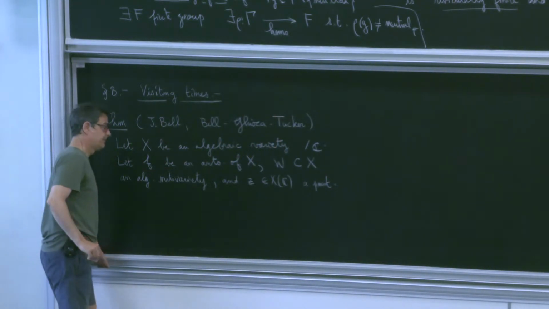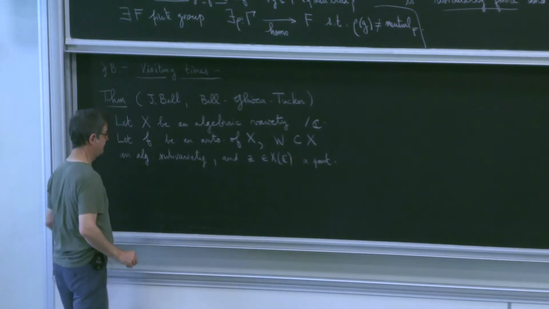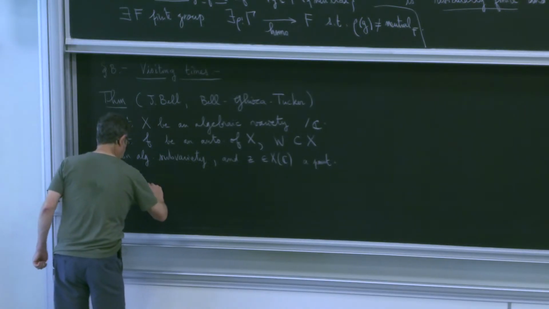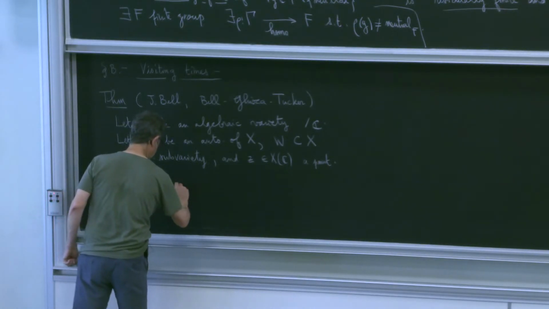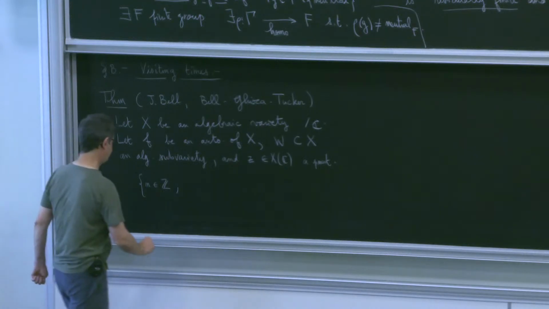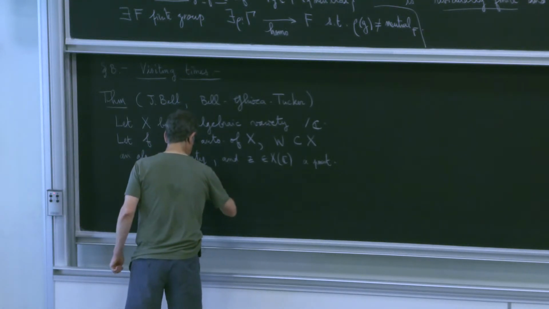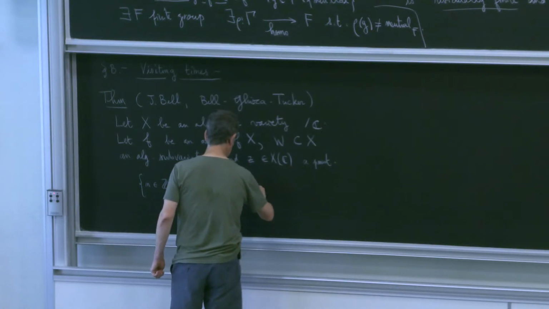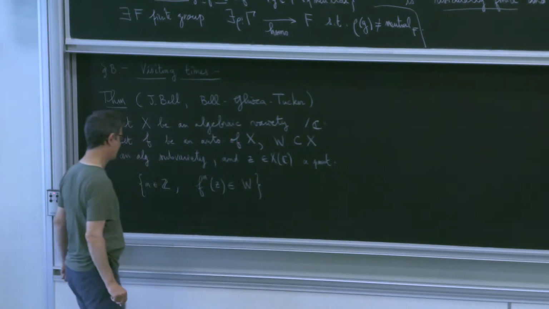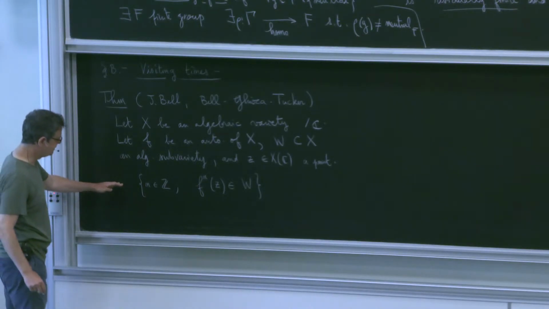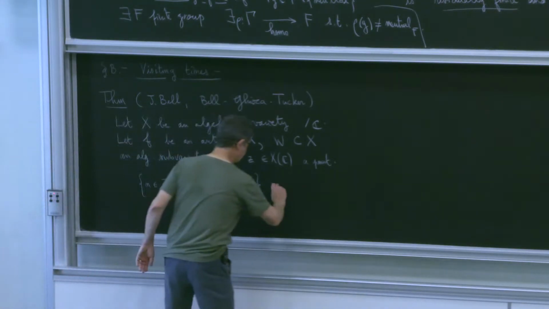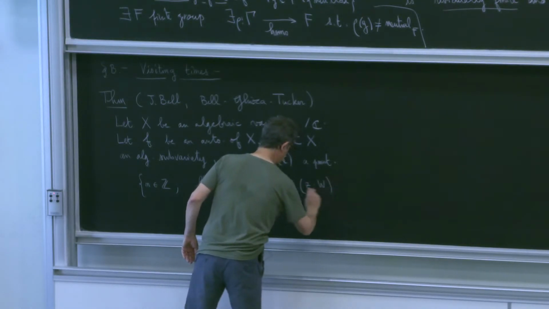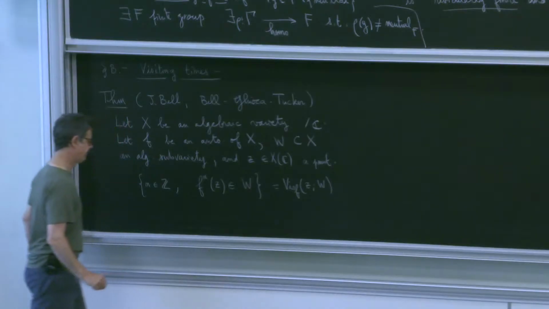And then you look at the times n in Z such that f^n(z) is contained in W. This is what I denote by the visiting times starting from z in W under the dynamics of f.